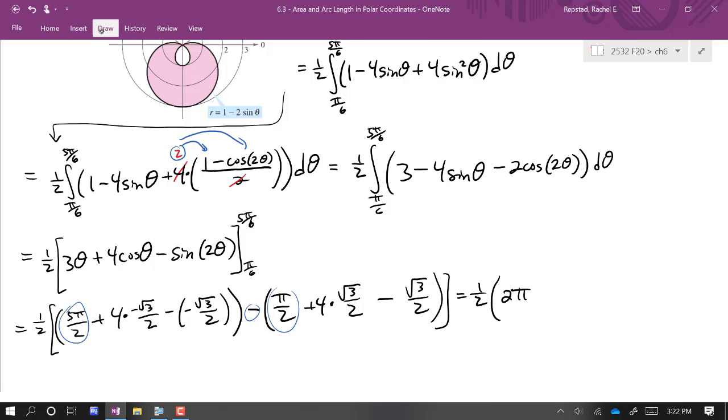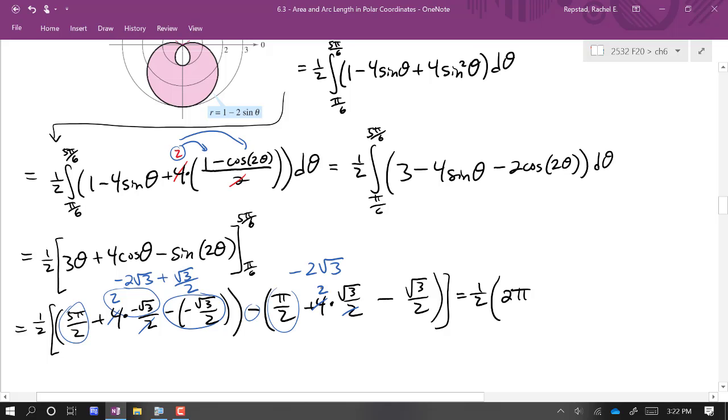Then we've got negative 2 root 3 plus root 3 over 2. Then we have minus 2 root 3 and minus a negative, that'll be a plus root 3 over 2. So let's see what we got. Root 3 over 2 and root 3 over 2 is just root 3.